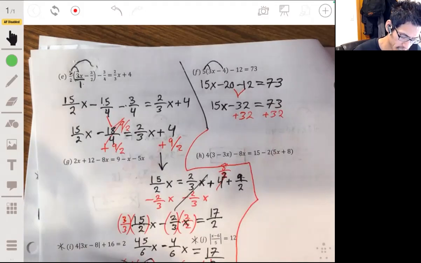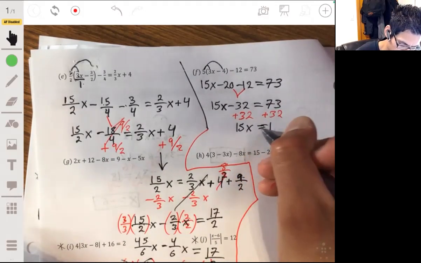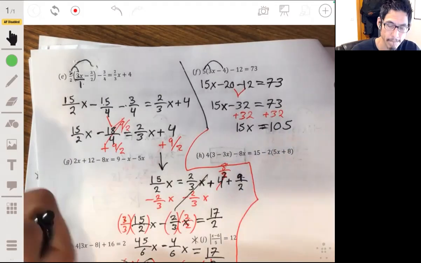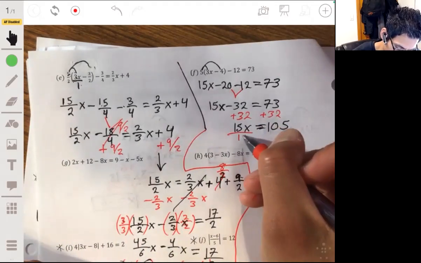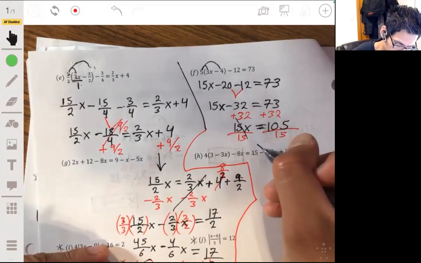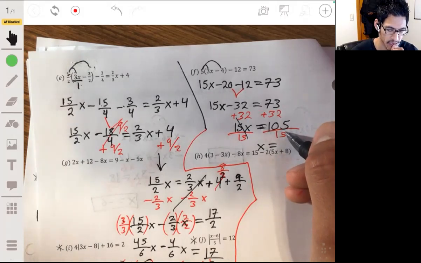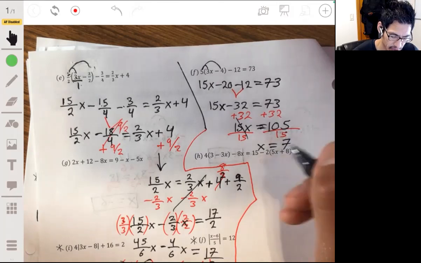Add 32 to both sides. 15x equals 105. Divide both sides by 15. And we get x is, let's see, 7. Yeah, x is 7.